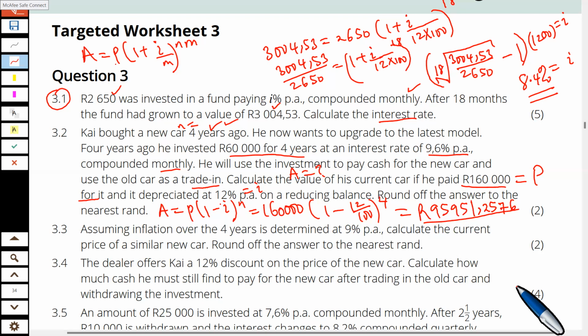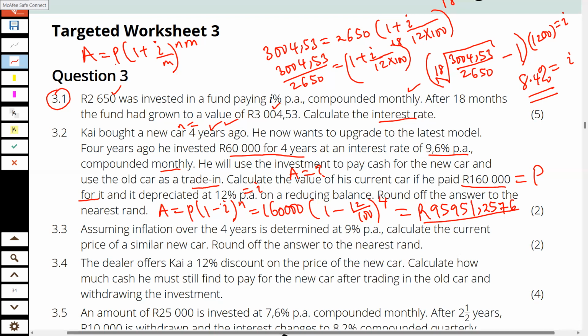So I'm giving you 3.3. Assuming inflation over the 4 years is determined at 9%. So we're saying inflation rate is 9% per annum.